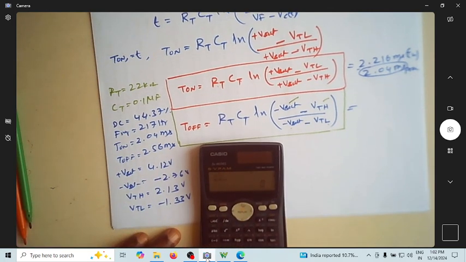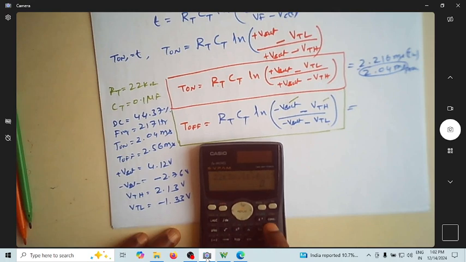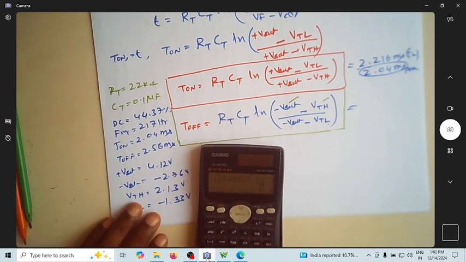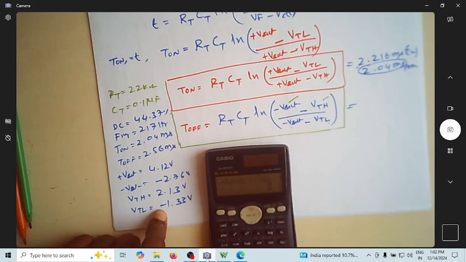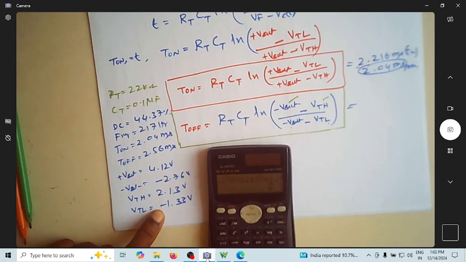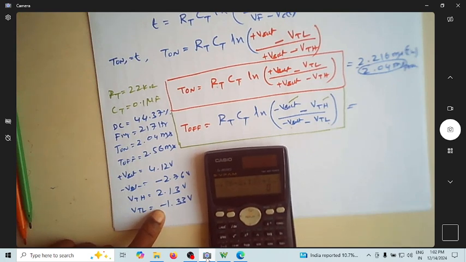For T off, it's again 22 exponential 3 into 0.1 exponential minus 6 into ln of, open the parenthesis, minus Vsat, which is minus 2.76, minus VTH, 2.13, close the parenthesis, divided by minus Vsat, minus 2.76, minus of minus, plus 1.33.